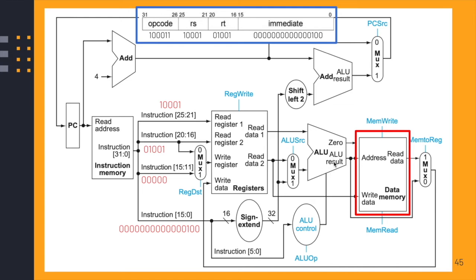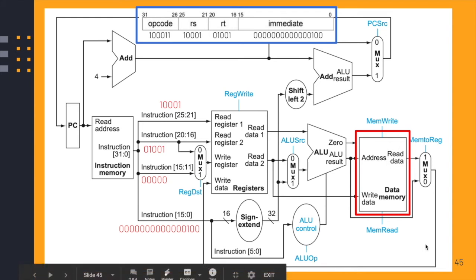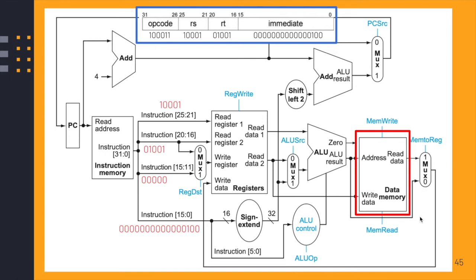Do we need to store the base address plus offset in a register? No. What I care about is the loaded value from the data memory, and that's why the mem2reg control signal will allow the read data to be passed to the next stage, which is the write back stage, and will reject the ALU result data to pass by.